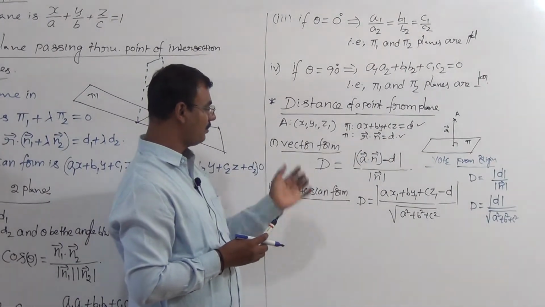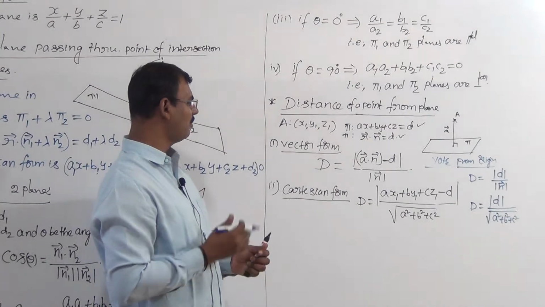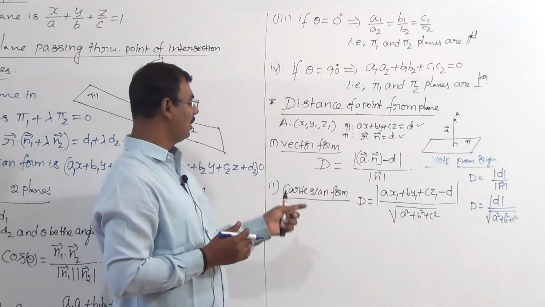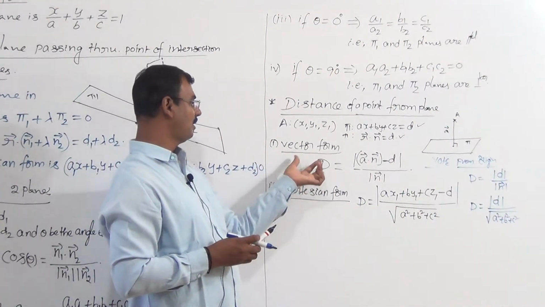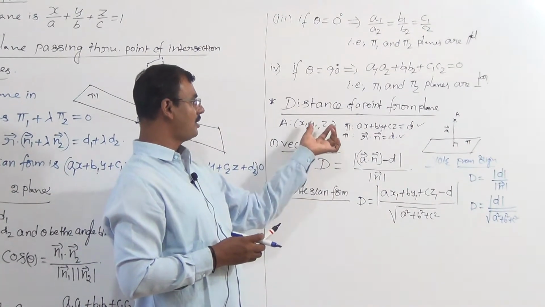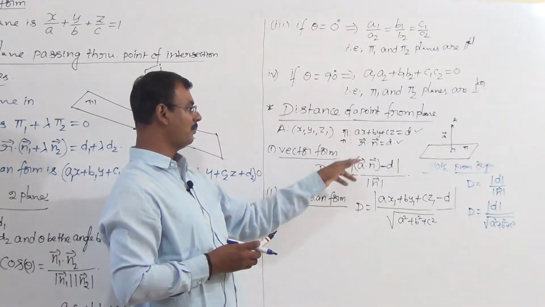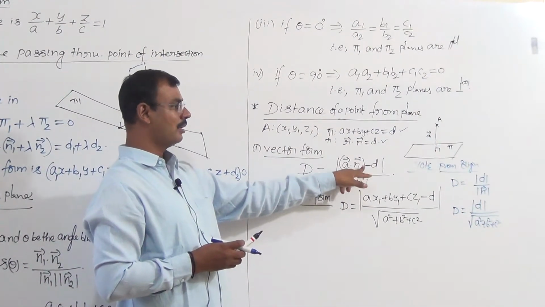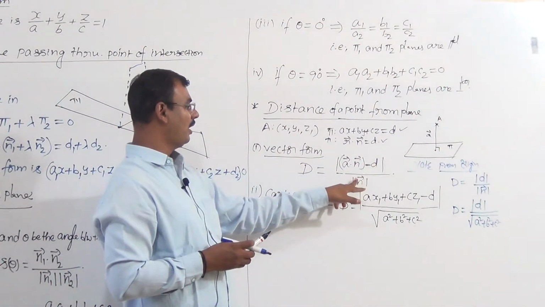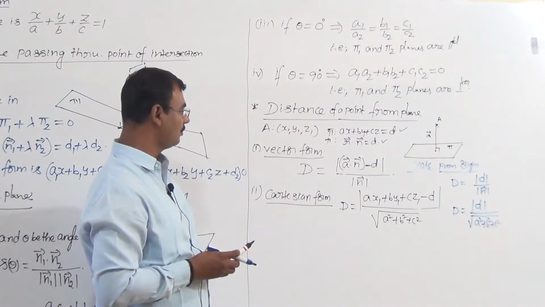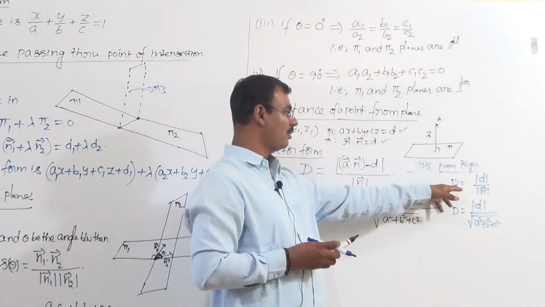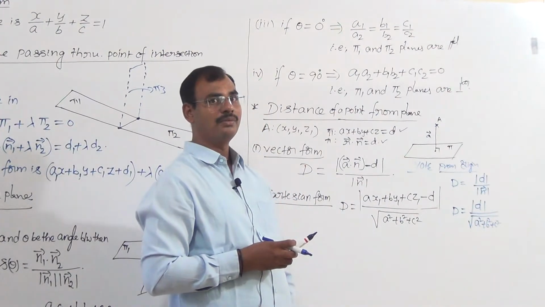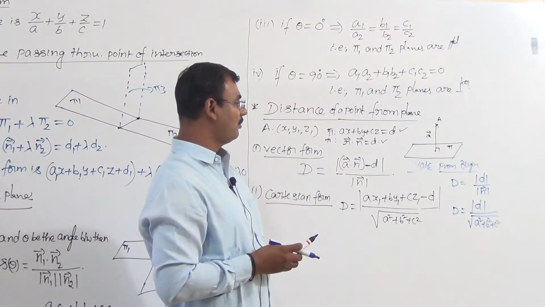Keep these formulas in your brain. You should also revise them a number of times. I have repeated these things a number of times. Vector form: the distance of any point from the plane is magnitude of a bar dot n bar minus d divided by magnitude of n bar. From the origin, in vector form, magnitude of d by magnitude of n bar.